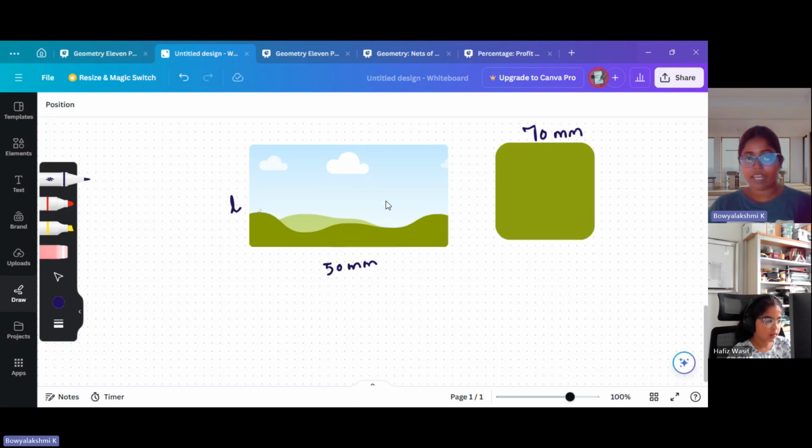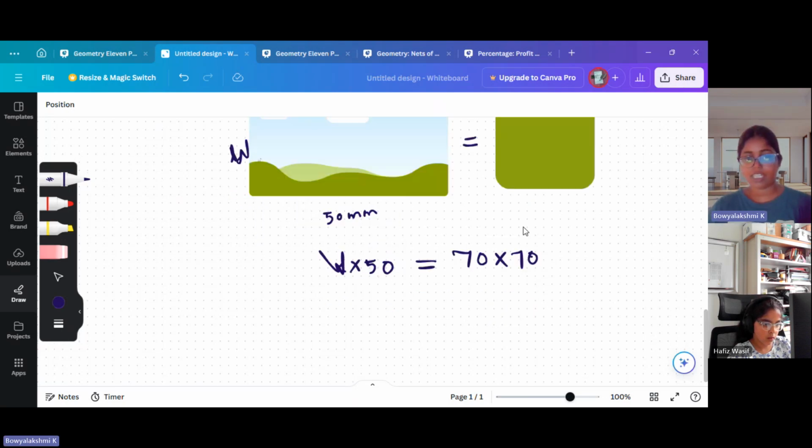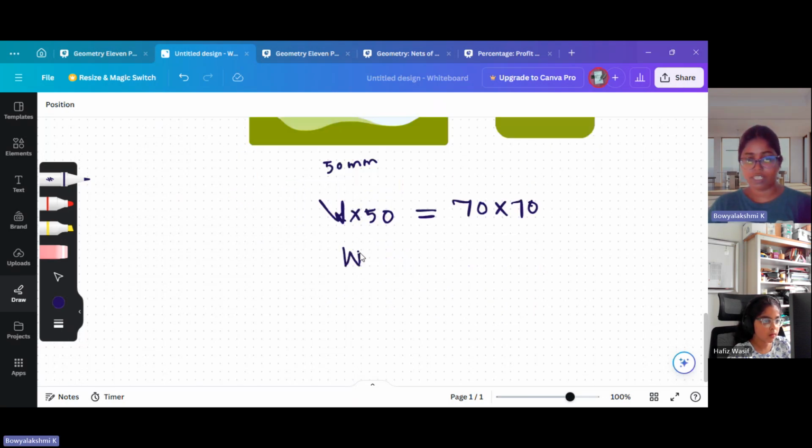So area of rectangle is equal to area of square. Area of rectangle is length times width, right? So width times 50 equals area of square. How will you find it? 70 times itself, 70. When we solve, we will get it. So 7 times 7 is 49 and copy the 2 zeros.